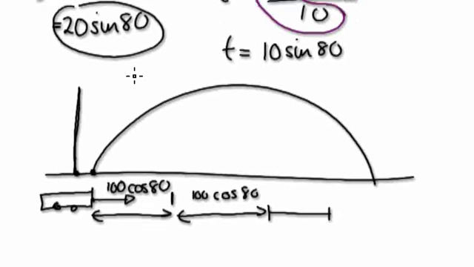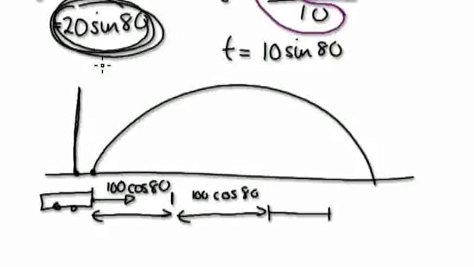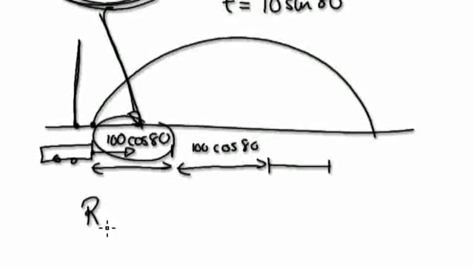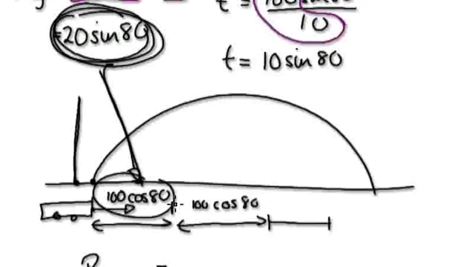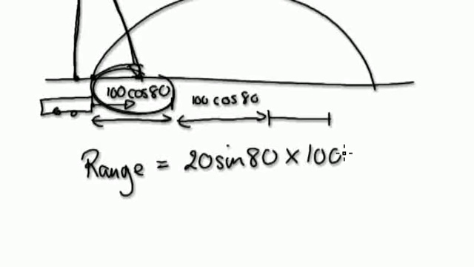Well, now that you know the total flight time is this, just get this times by the speed here. So the range equals 20 sine 80 times the speed here, 100 cos 80.